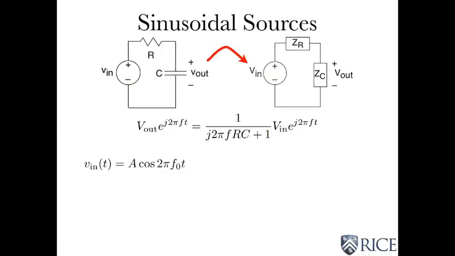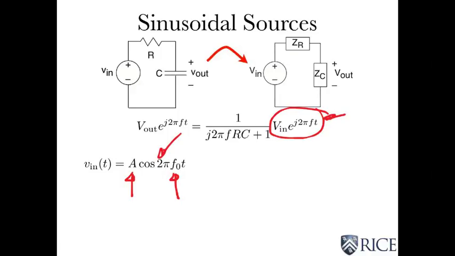Well, what I want to now do is talk about the case where the source is a sinusoid. This sinusoid has a frequency f0, and it has an amplitude of A. Okay, well, that's not the same as a complex exponential. So how does this result apply to the case where that's what the source really is?